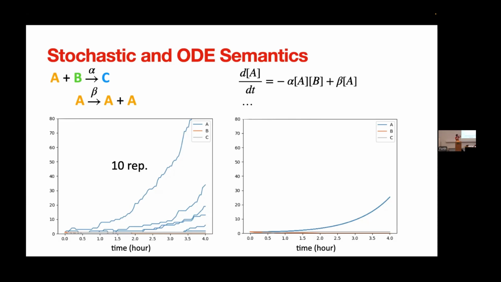Now I write A in brackets, which means the concentration, so the dimension is 1 per volume. Because now we're not talking about counts, we're talking about concentrations, since we want a continuous variable. Both of them are used, and we will use both of them in this talk.